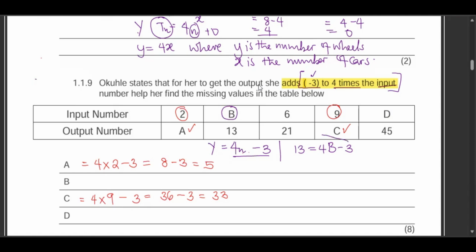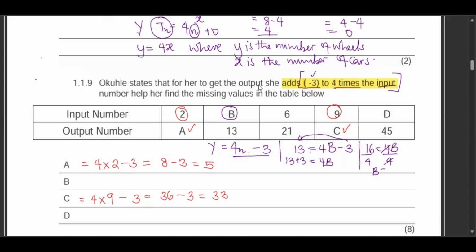Or someone else would have done this. The negative jumps over. Once it crosses the equal sign, it becomes a plus. So 13 plus 3 equals 4B. So it becomes 16 equals 4B. How big is only one B? So we divide through by 4.